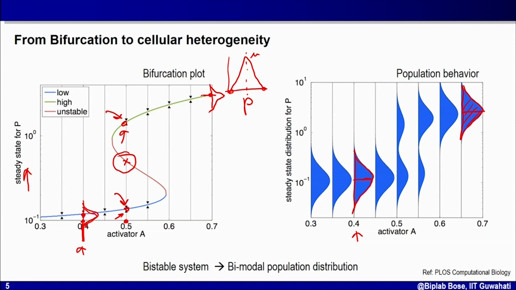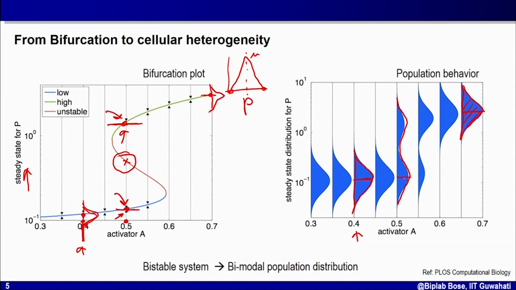So I will have a population whose average value will be this one, the lower stable steady state, and there will be another subpopulation which will have an average value of protein P at this upper stable steady state. So what will I observe? If I measure protein P in each of the cells and then draw a histogram, now I will have a histogram like this with two peaks.